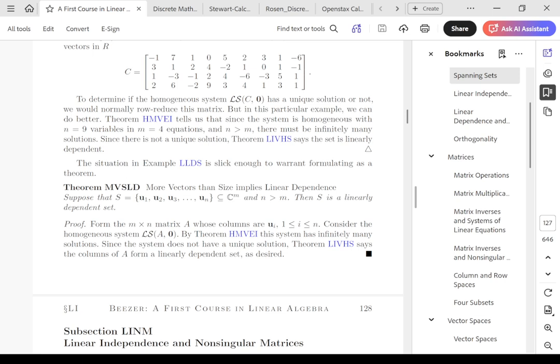Suppose that S equals {u1 through un}, a subset of C^m, and n is greater than m. Then S is a linearly dependent set. What this is stating is that if you have more vectors than you have rows in the space, the size of the space you're dealing with, then it's going to be linearly dependent.